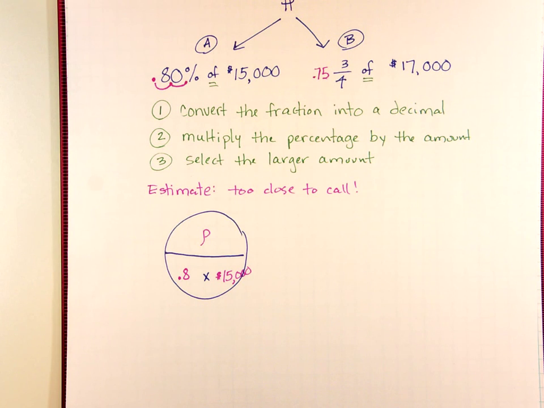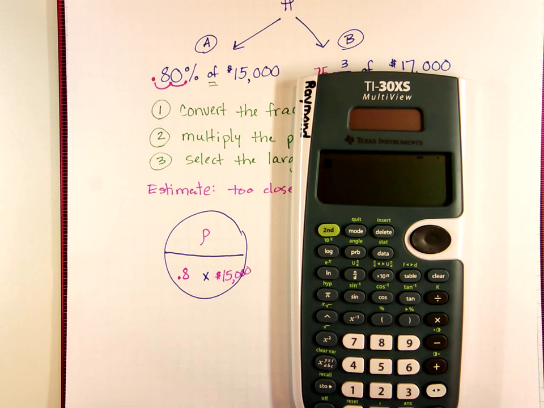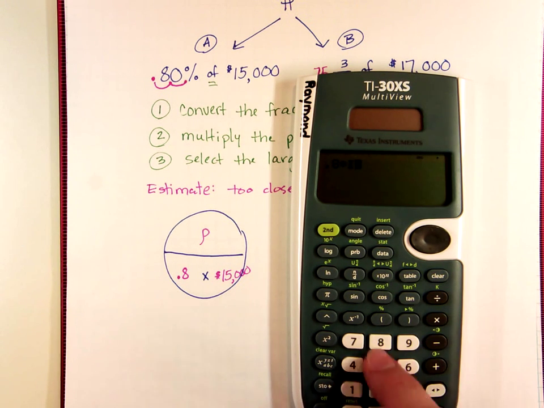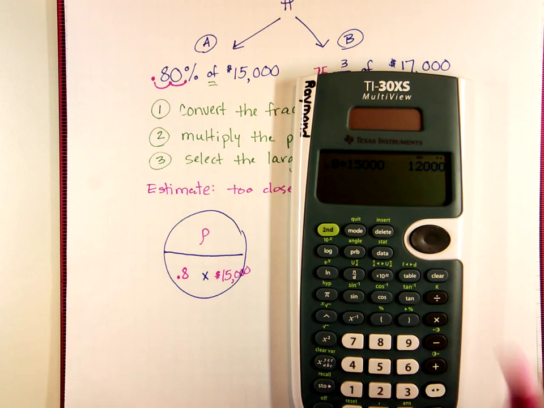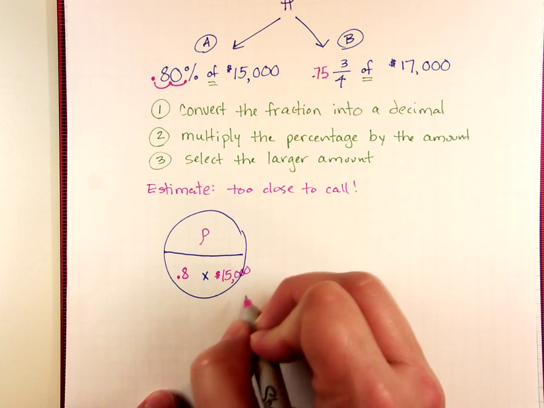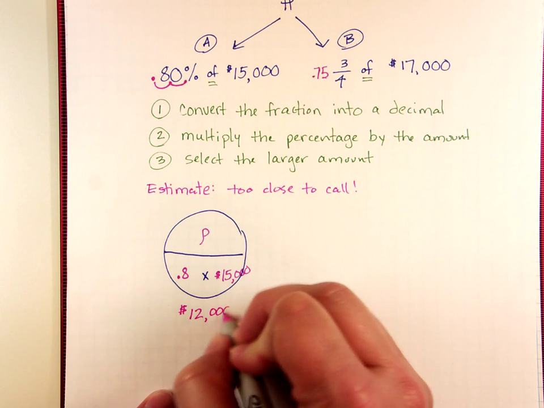Let's do that with a calculator. 0.8 times 15,000 equals $12,000. That sounds about right. 80% of 15,000 is $12,000.